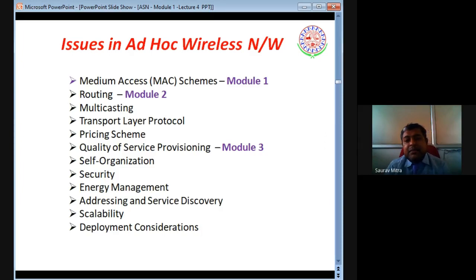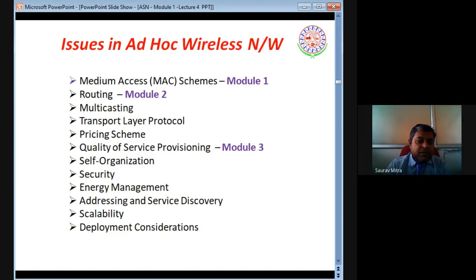Addressing and service discovery. Addressing means knowing who is the receiver, and through which path the data will be transmitted from the transmitter to receiver. Each node has its ID. The source node has its ID.